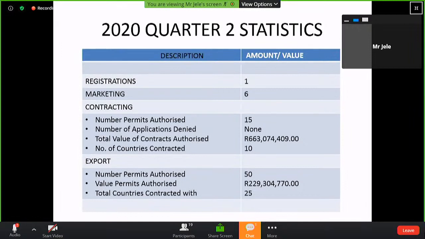That will give us better statistics and coverage, and I think sufficient data manipulation in order to give the statistics as per what the committee desires, or any other stakeholder who would say, kindly give me this and that. We'll be able to go into the system and do that.